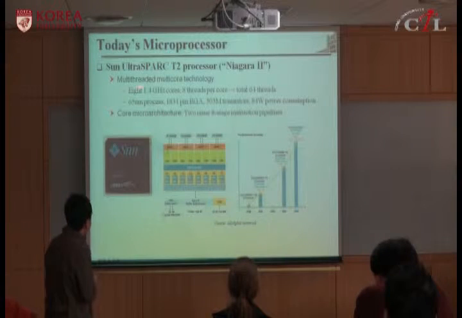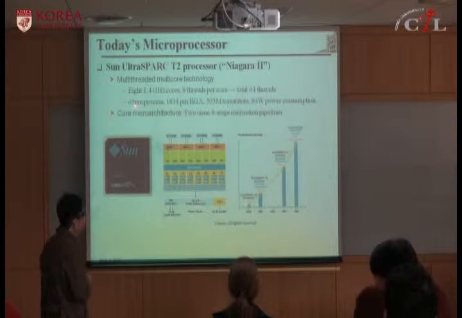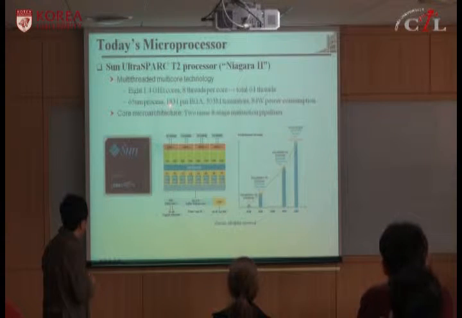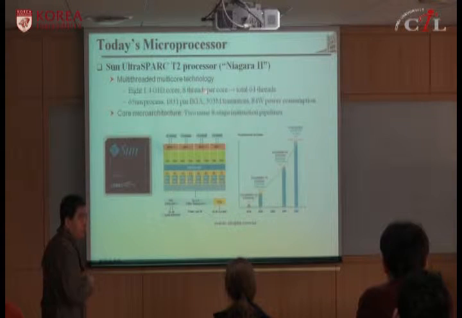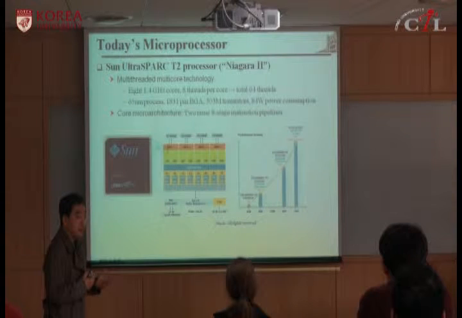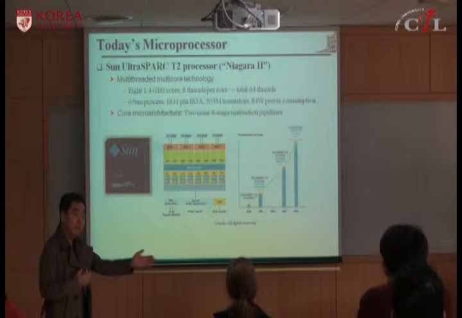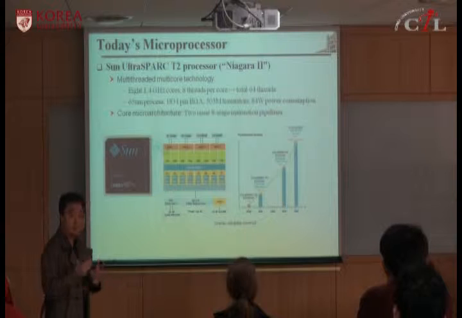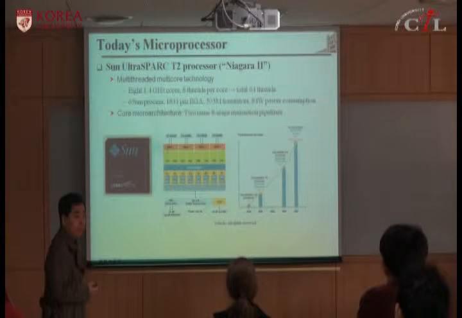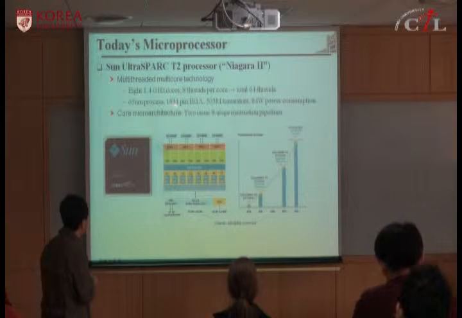The fabrication process they used was 65 nanometer and 1831 pins. They use more address lines and data lines to speed up their communication, to increase their I/O pin bandwidth.